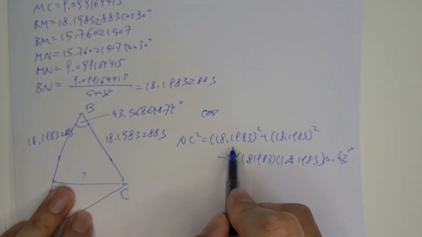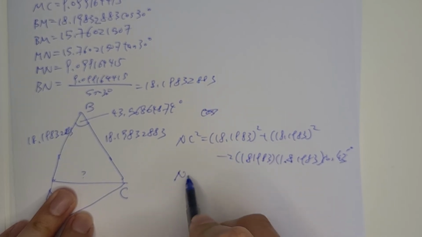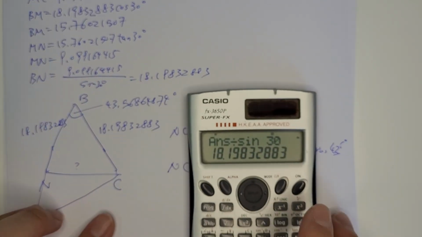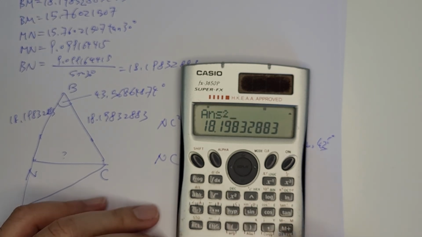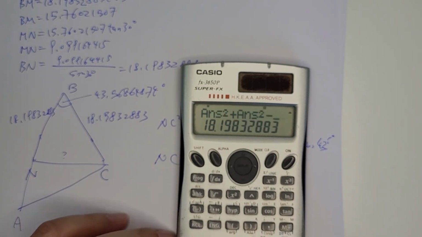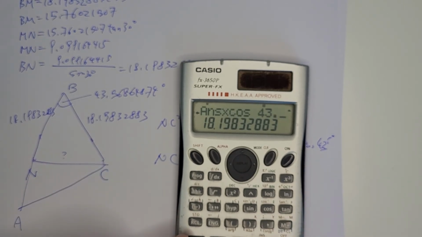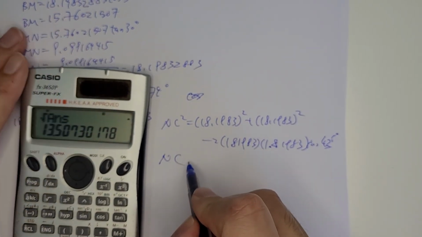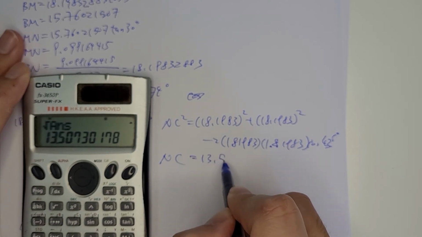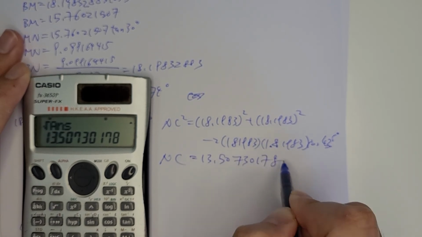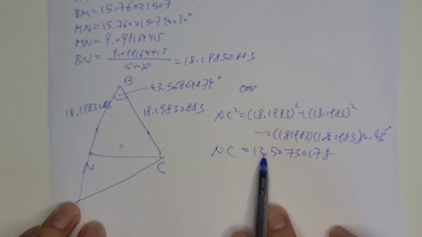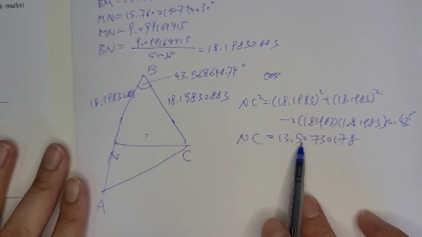Your presentation can take 4 decimal places, but in your calculator you should take all digits. Then take the square root. That's 13.5 something. So NC is written as 13.50730178.